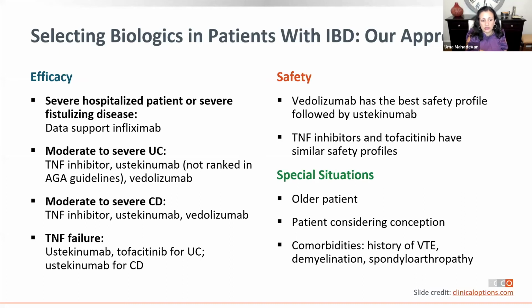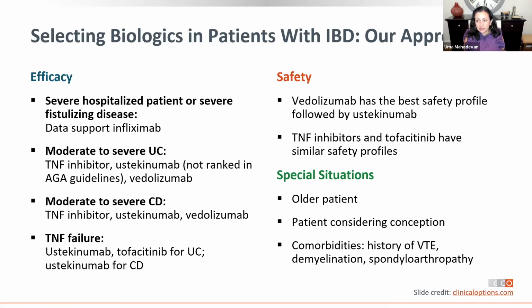Moderate to severe UC, TNFs, infliximab essentially, ustekinumab, vedolizumab if they've never been on a TNF before, and tofacitinib. Moderate to severe Crohn's disease, TNF, ustekinumab, vedolizumab. TNF failure, here I'd go with ustekinumab, tofacitinib for UC, or ustekinumab for Crohn's.